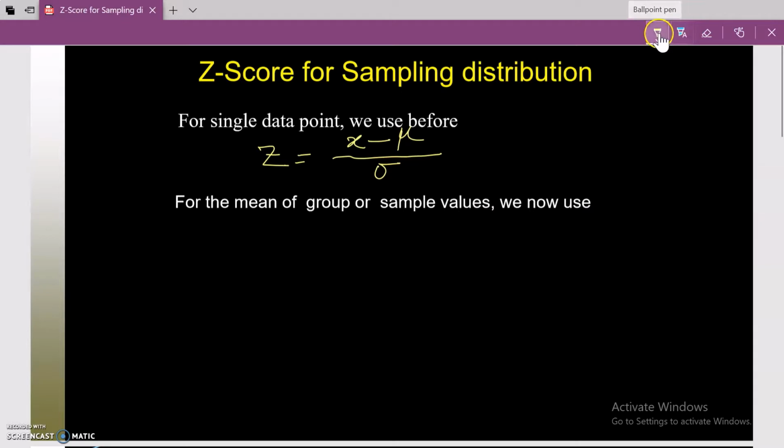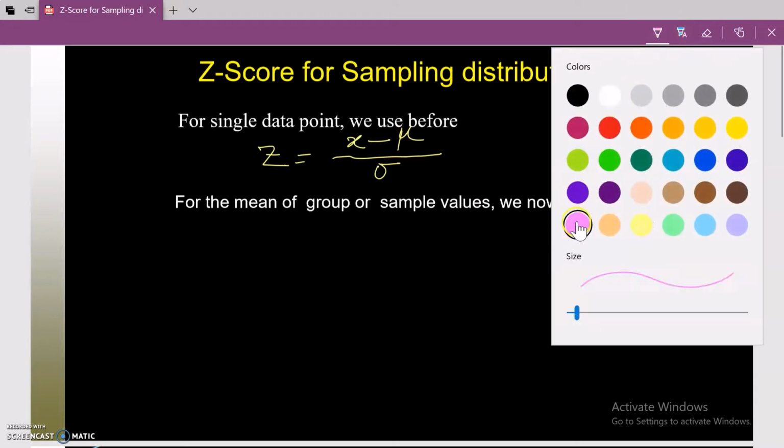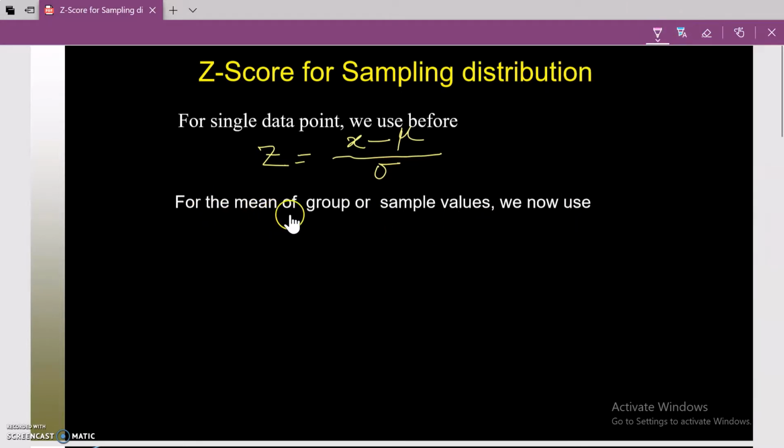But what happens if instead of a single data point, we have a mean or group or a sample values? Then what formula do we use? We use this particular formula. We have z equal to the same fraction, but now in place of x, in a sampling distribution our variable is the sample mean. So we write x bar.